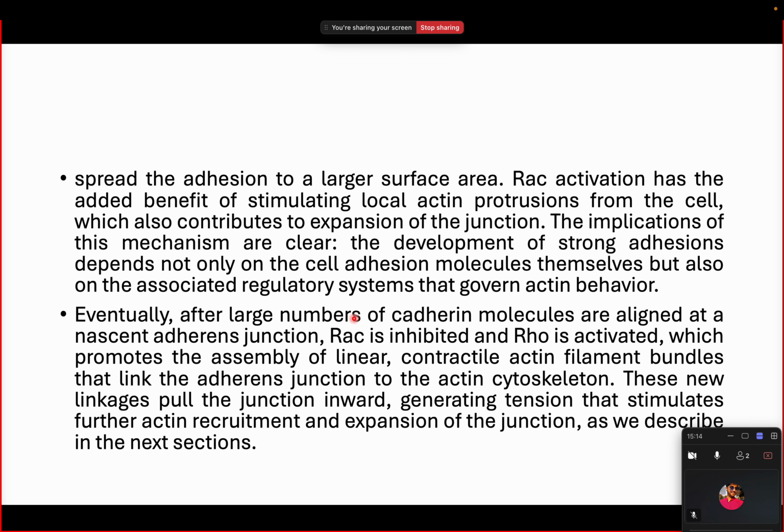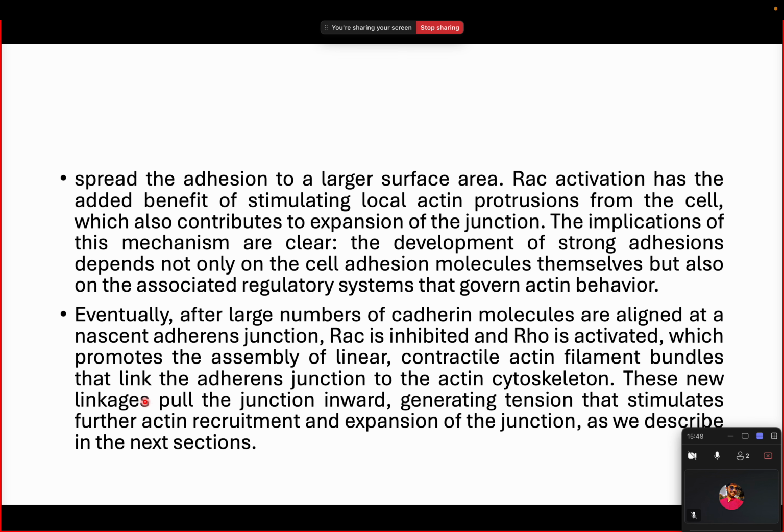So now if we are saying that RAC is inhibited, it means that RAC is now in the GDP bound form, okay, and when we are saying Rho is activated, it means that there is a guanine exchange factor, GEF, which has now activated the inactive Rho with the GTP bound Rho protein, okay, which promotes the assembly of linear contractile actin filament bundles that link the adherens junctions to the actin cytoskeleton.